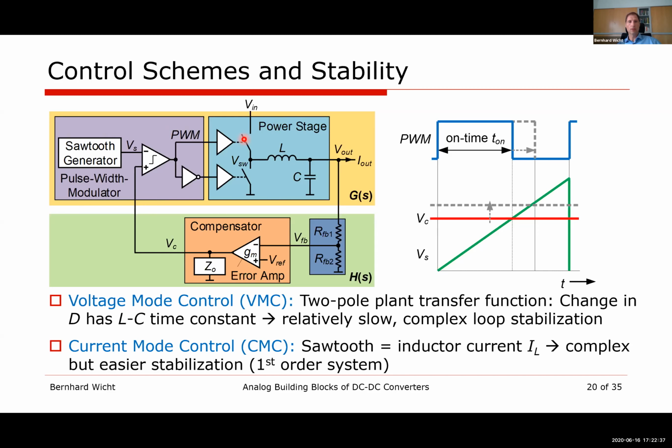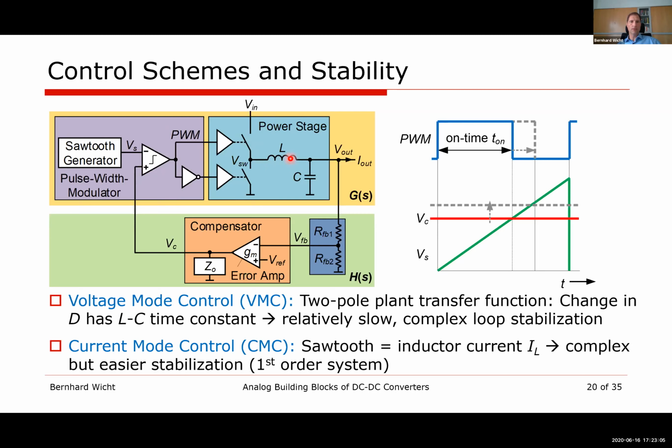This inner loop simplifies such that it is really a one-pole system. All these different blocks, they don't matter. It is basically a conversion from a current into a voltage domain by the current sensing, and there's no dynamics with it. So it doesn't introduce any additional poles and zeros.